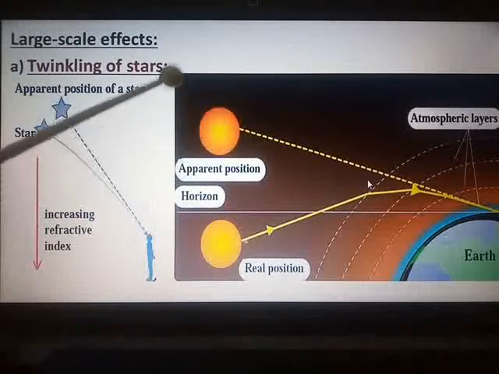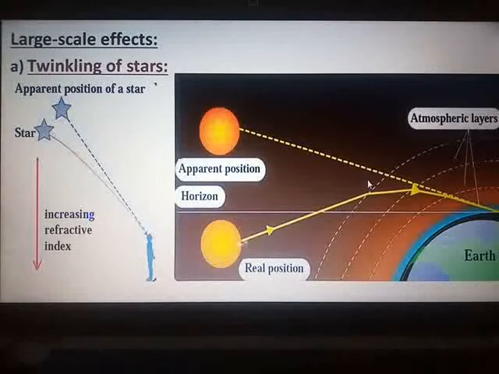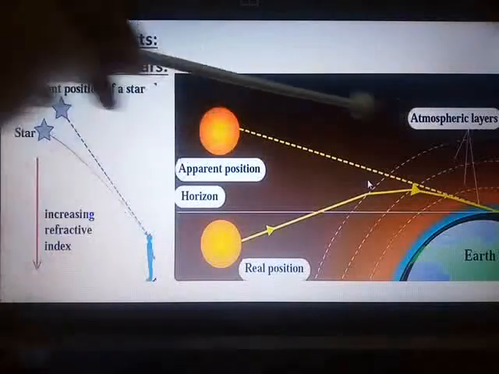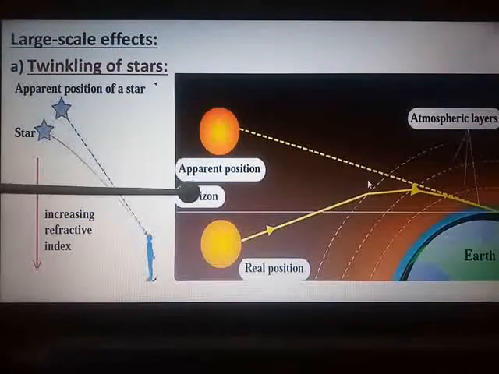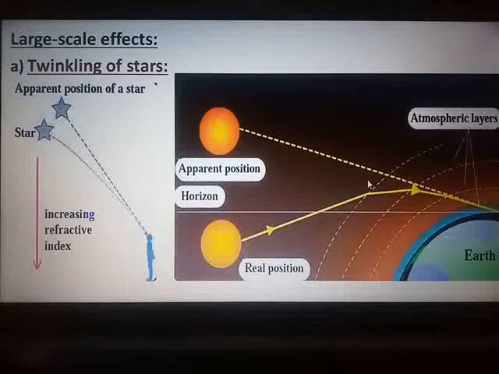And then they will ask you to label the given diagram of the effect of atmospheric refraction. In such a case, when only labeling is asked, you will only put the proper number, and you will give the proper label, that is atmospheric layers, apparent position, horizon and the real position. So in this way, different types of tricky diagrams and tricky questions are asked in the exam.